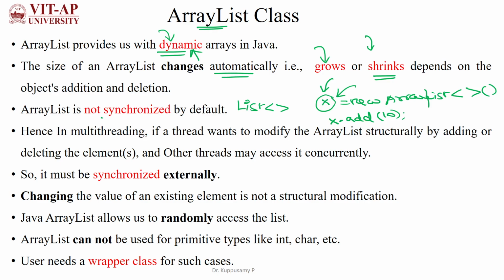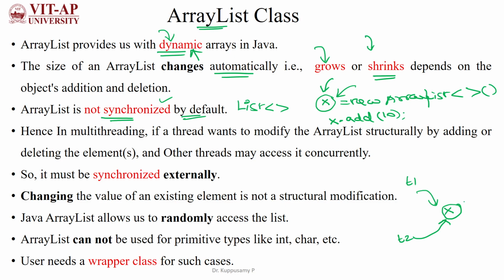ArrayList is not synchronized by default. What is the meaning of synchronization? Suppose you have the object here, and there is the thread concept. Thread 1 may access this object variable, and at the same time thread 2 may also be accessing that same object variable.